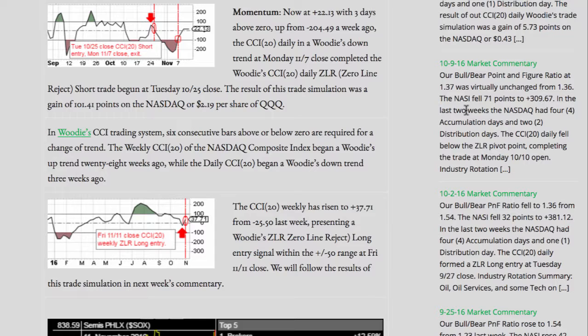The result of this trade simulation was a gain of 101.41 points on the Nasdaq, or $2.19 per share of QQQ. In Woody's CCI trading system, 6 consecutive bars above or below zero are required for a change of trend. The weekly CCI20 of the Nasdaq Composite Index began a Woody's uptrend 28 weeks ago, while the daily CCI20 began a Woody's downtrend 3 weeks ago.